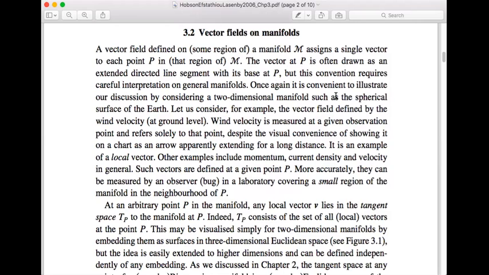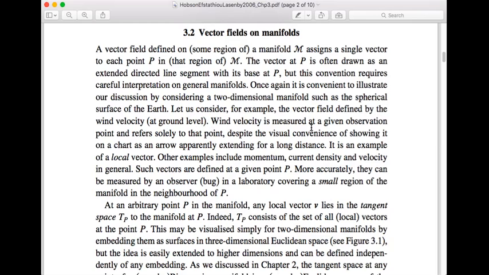Once again, it is convenient to illustrate our discussion by considering a two-dimensional manifold such as the spherical surface of the Earth. Let us consider, for example, the vector field defined by the wind velocity at ground level.